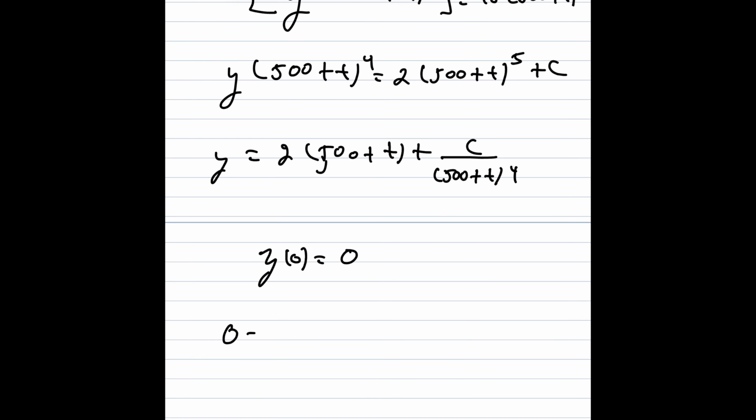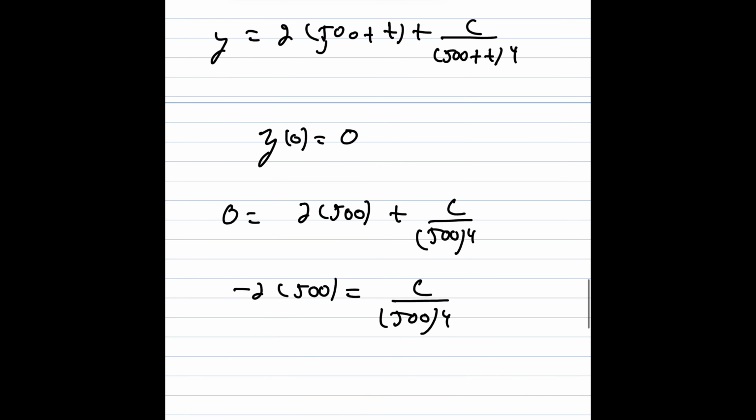So if we use that condition, you have 0 equals 2 times 500 plus c over 500 to the 4th. I'll move the 2 times 500 over, and you might ask why I don't write it out as 1,000. I'll explain why in a second. c would equal minus 2 times 500 to the 5th power.